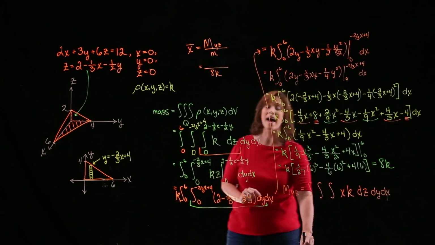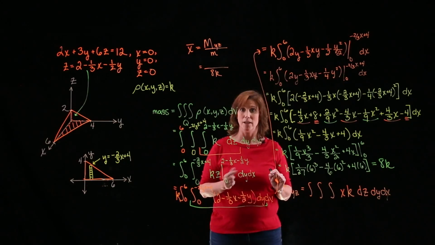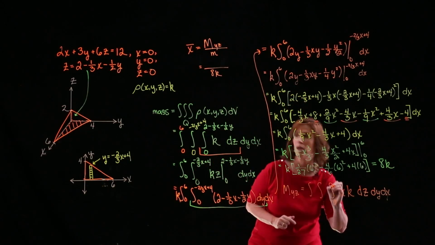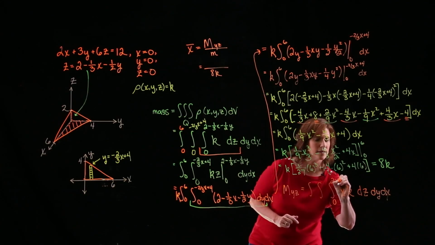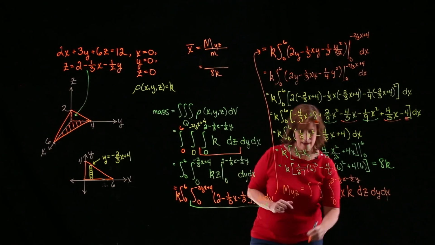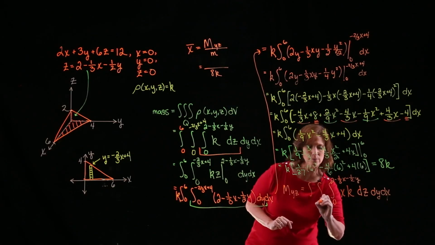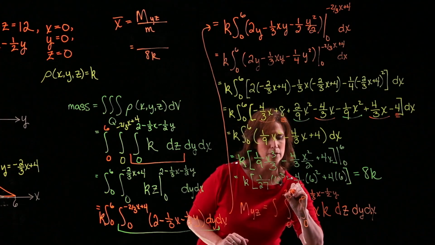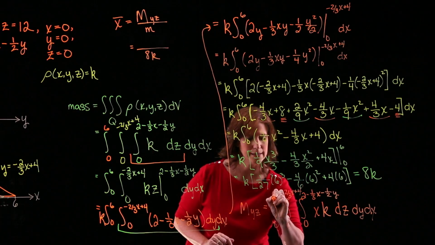And the reason I want to do that is that now all my limits of integration are the same as the limits of integration from before. So I'll be going from 0 to 2 minus 1/3 x minus 1/2 y. For my second set of limits of integration, I'll be going from 0 to minus 2/3 x plus 4, and finally from 0 to 6.